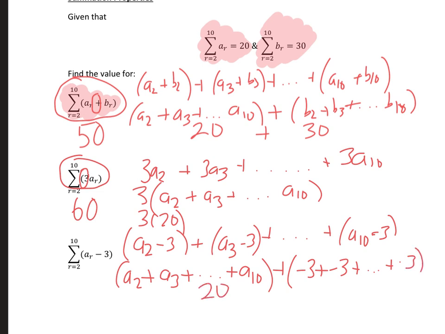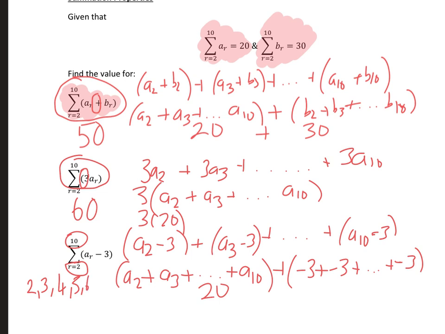So the A's add up to 20, and the minus 3's, you have to think, what do the minus 3's add up to? So basically, how many are there? Well, I'm doing the terms from 2 to 10. So have a think how many minus 3's will appear if I'm doing all those terms. And I'm going to guess you're going to say the number 8. However, there's actually 9. Now, think about it, I'm counting out loud.